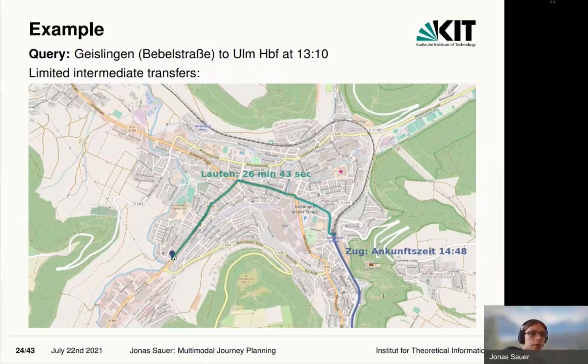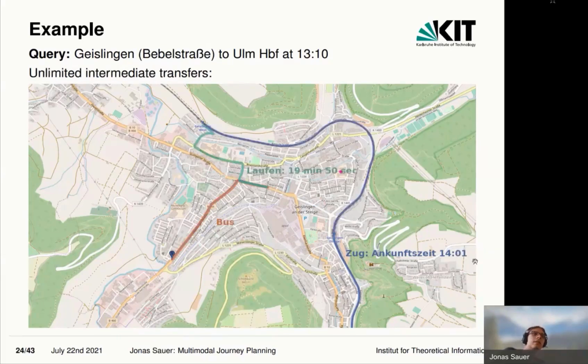We get a walking leg that takes about 26 minutes to Geislingen an der Steige, and then we take the train that arrives in Ulm at 14:48.